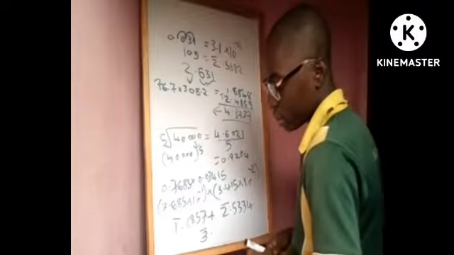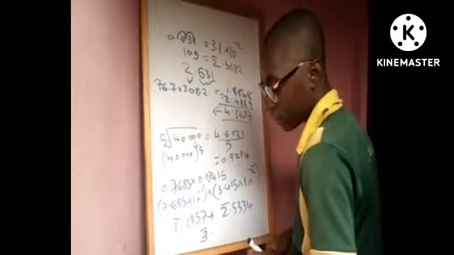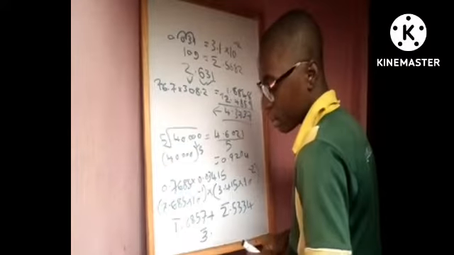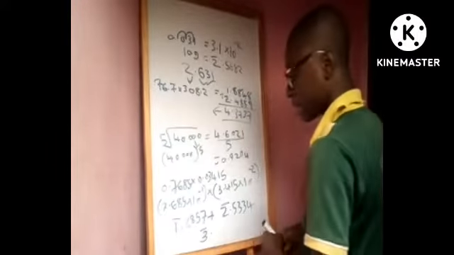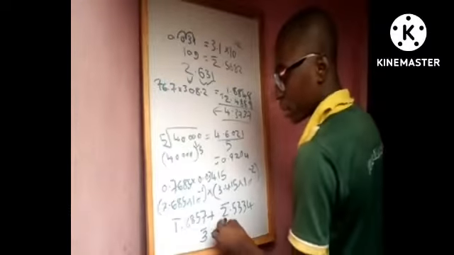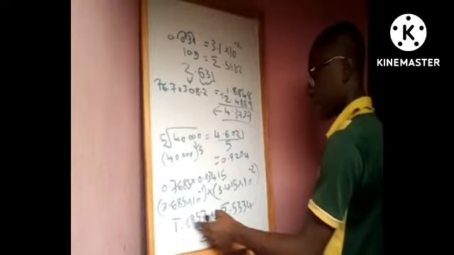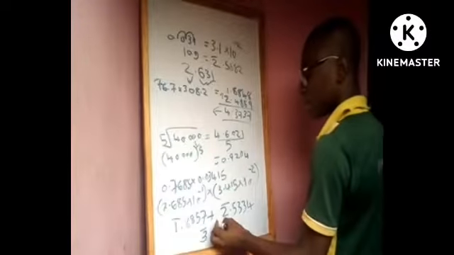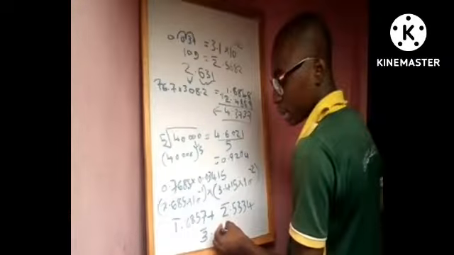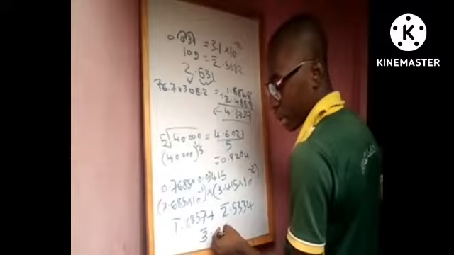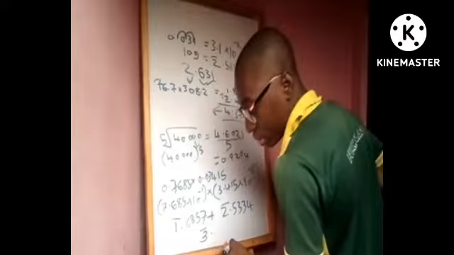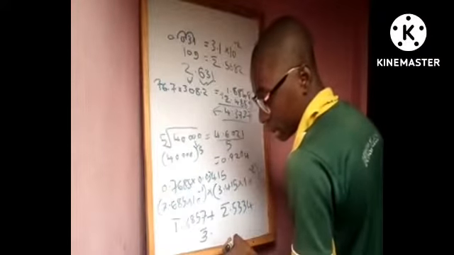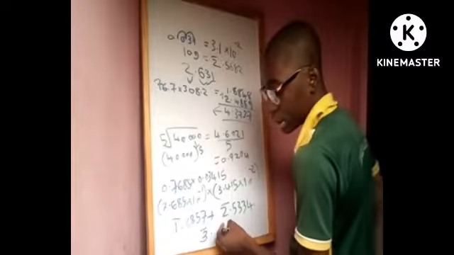When we add everything together, we'll get 1.1625. When we add 0.8857 plus 0.5534, that's 1.1625. Yes, that's 1.1625.